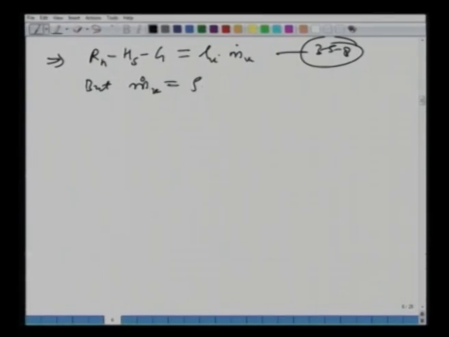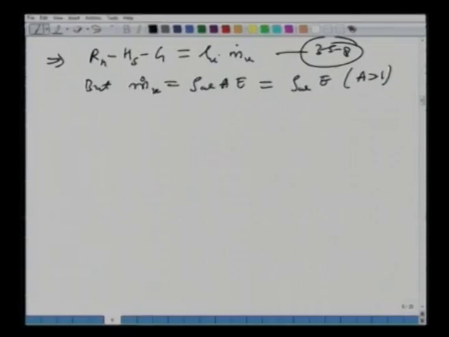Well, mv dot we have already said from the continuity equation as rho w a e. And this I am going to say for simplicity as rho w e, if you assume a is equal to 1. If you want to define the evaporation per unit square area, then you can take a is equal to 1, and then we will have the evaporation from unit area.